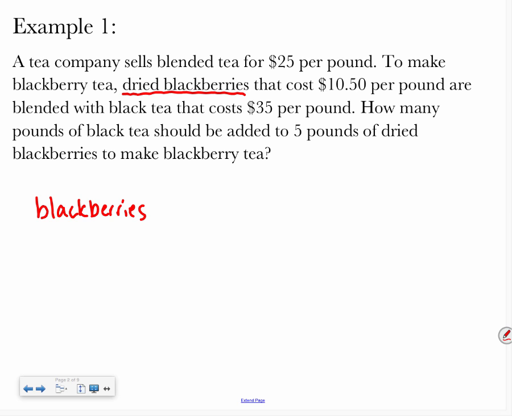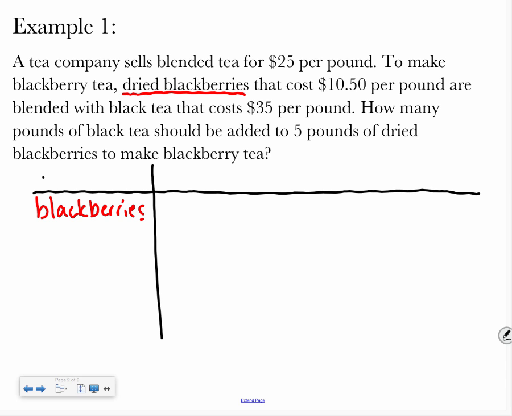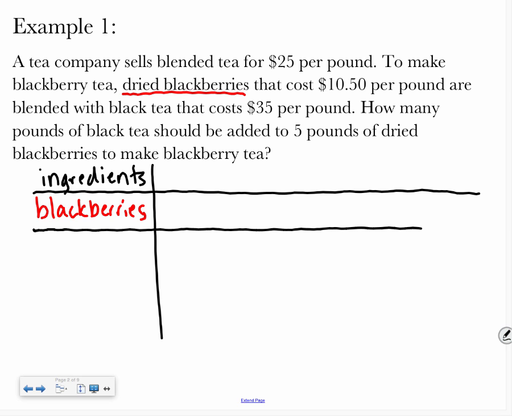I'm going to make the table, mine's a different color. So I'm going to say this is my ingredient list, and we have information about the blackberries.